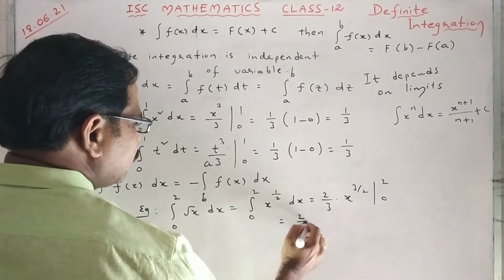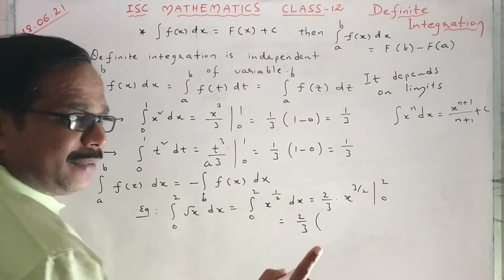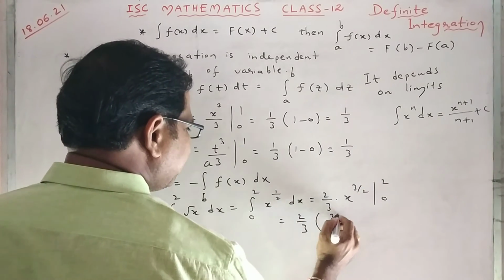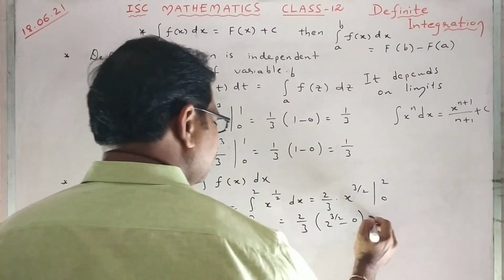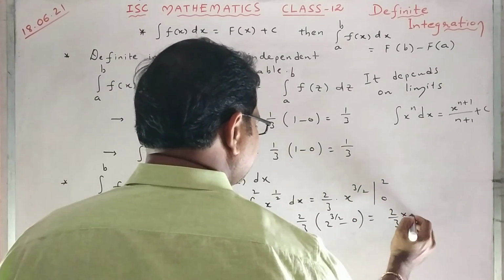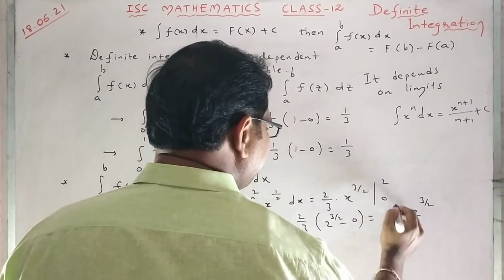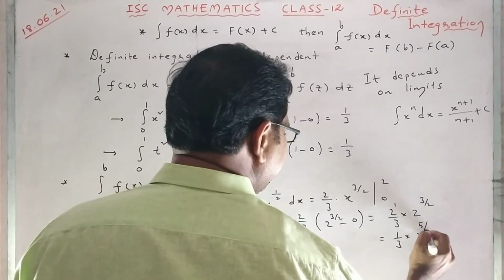Okay. So 2 by 3 times we have to substitute upper limit and lower limit. Upper limit is 2. So 2 power 3 by 2 minus 0. That is 2 by 3 times 2 power 3 by 2. So 1 by 3 here, bases are equal, we can add powers 2 plus 3, 5 by 2.